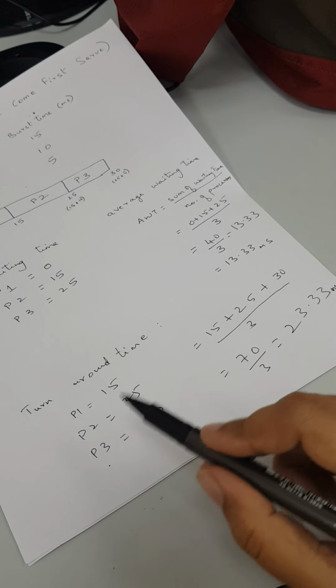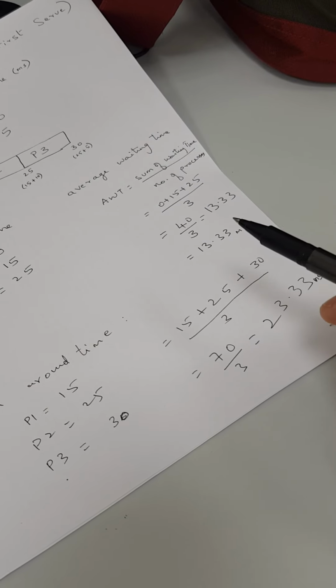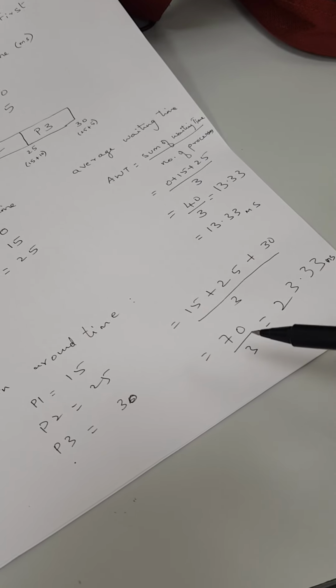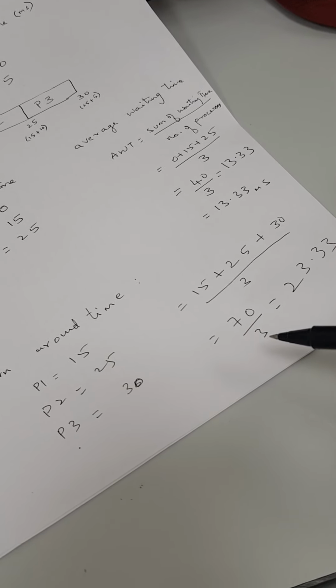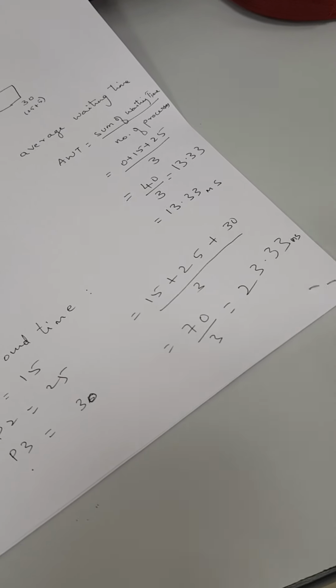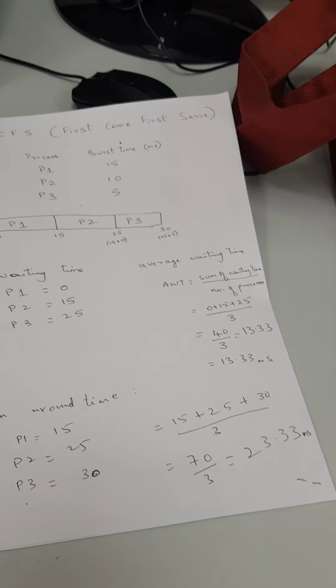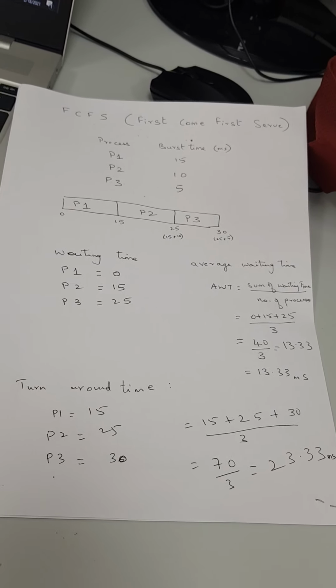Hope you can see this turnaround time: the finishing times of the 3 processes, the sum of them divided by the number of processes. So when you add up, it is 70, and then divide by 3, which is 23.33 milliseconds. So this is your first come, first serve, the first example found in your PowerPoint.